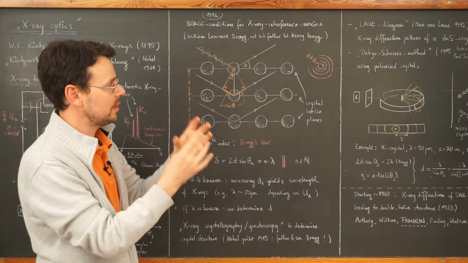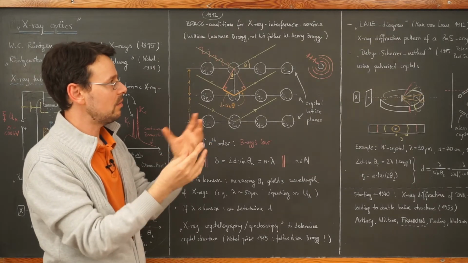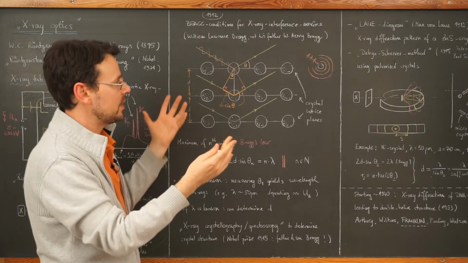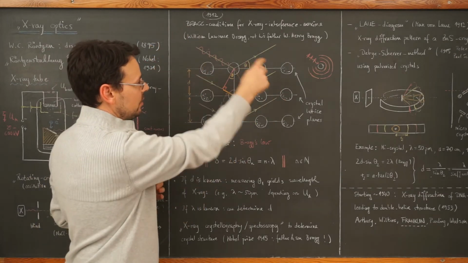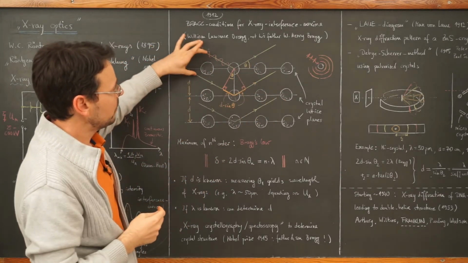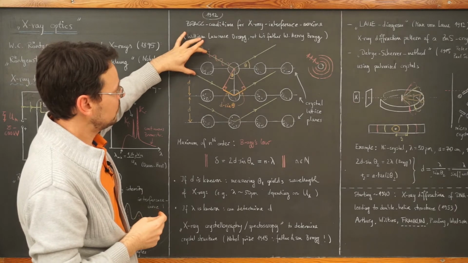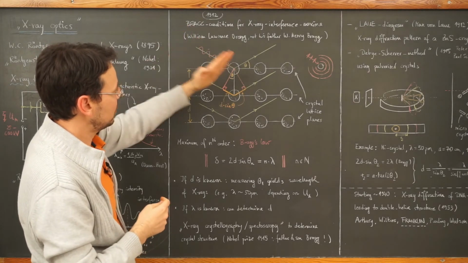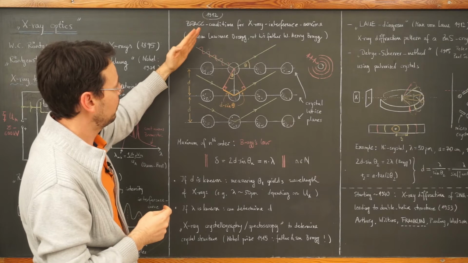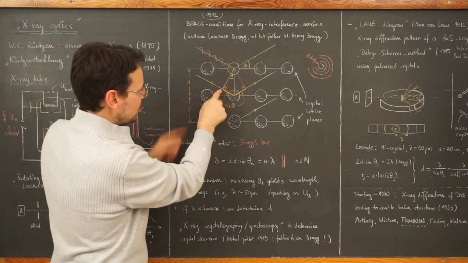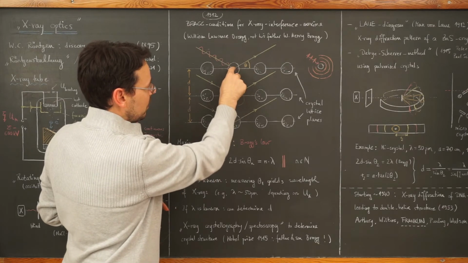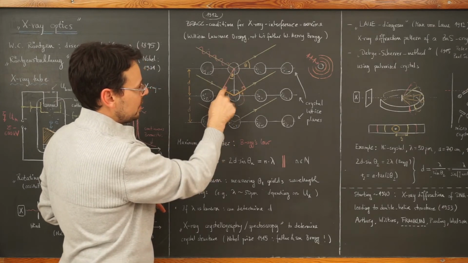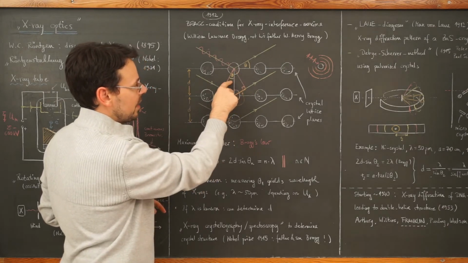This atom here becomes a secondary source of X-ray radiation, which goes into all directions. The same here, here, here, here, here, and so on. And now we compare these two wave beams. We assume that the incoming X-rays are coherent, and then if here is the angle theta, and I draw this perpendicular line, then here I have the same angle again.